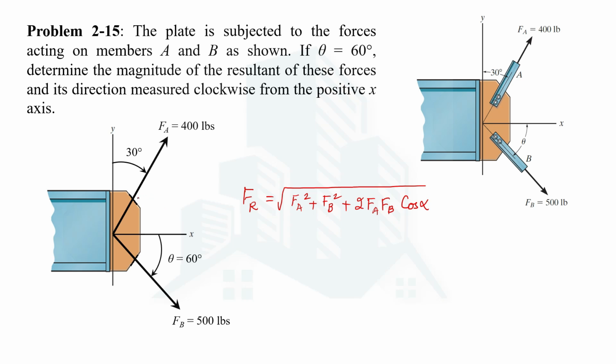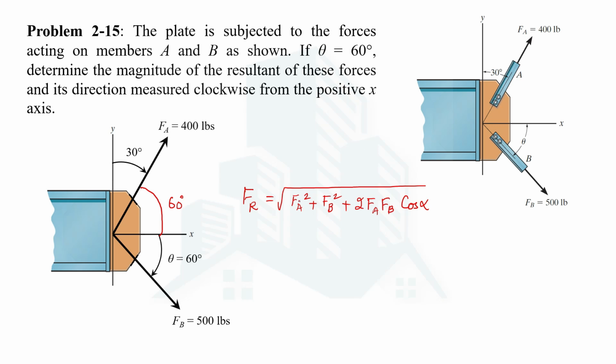In this case we are not directly given the angle between the FA and FB forces, but we can determine it. Since this angle is 30, this angle will be 60 since the total is 90. So the angle between FA and FB will become 120, because 60 and 60 make 120.